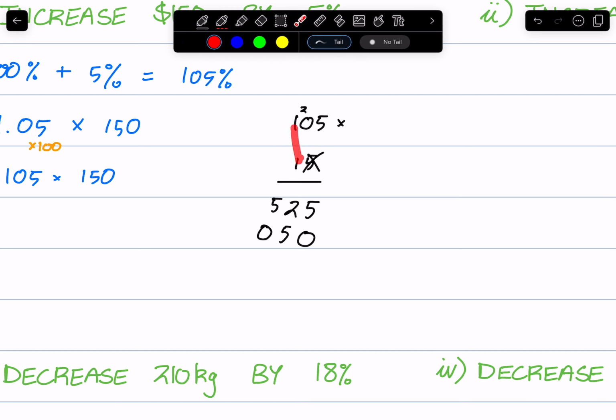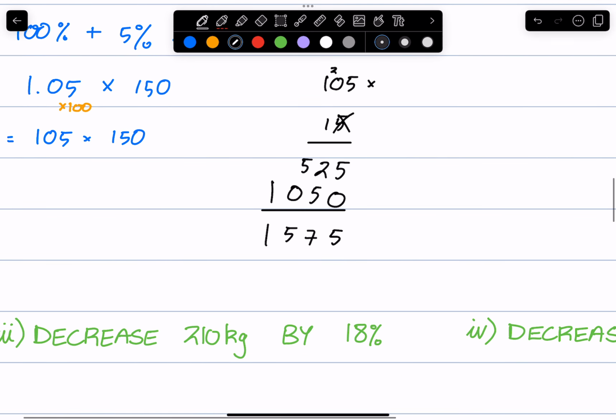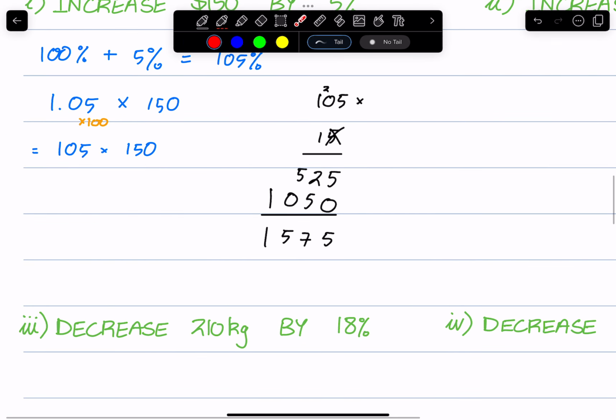And 1 times 1 is 1. We now just add this vertically, so 5, 7, 5, 1. And remember, since it's going to be 150 and not 15, this needs a 0 at the very end of this.